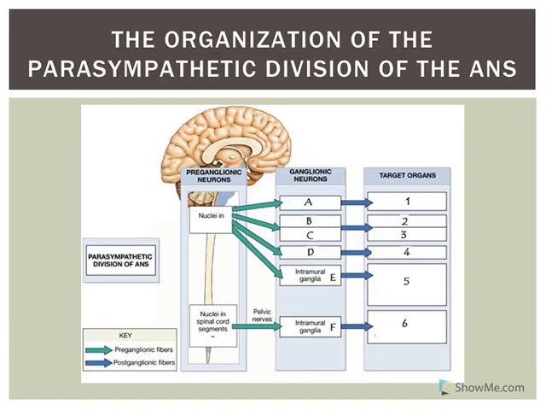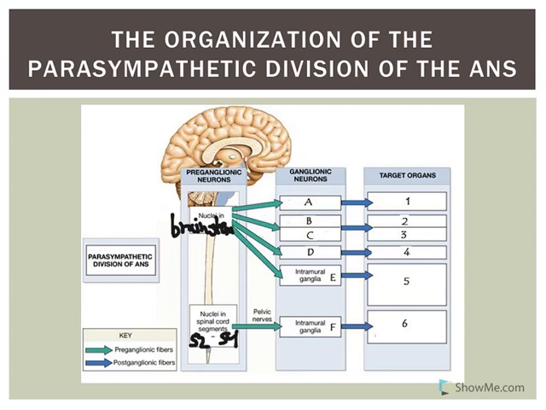Now, the general organization of the parasympathetic system is a little bit easier than the sympathetic, in regards to the various ganglia involved. Again, to remind you, cell bodies of preganglionic neurons are going to be located in nuclei in your brainstem, or nuclei in spinal cord S2 to S4.